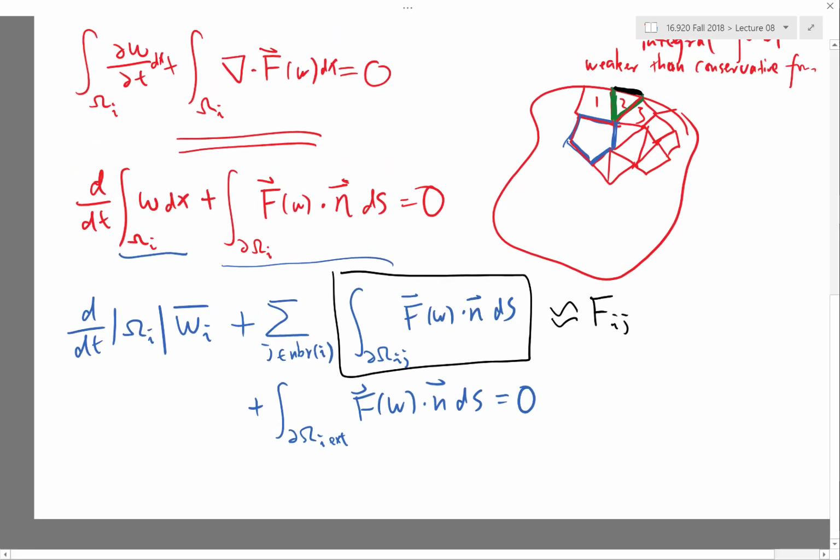This is approximate. It is usually written as F_ij times n_ij, where n_ij is like the average.